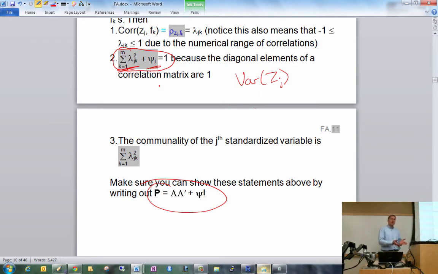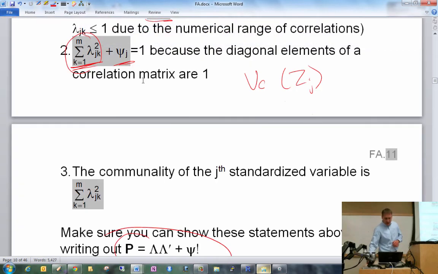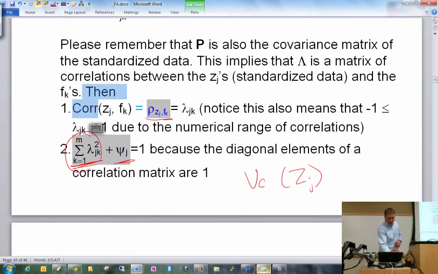So then what's the proportion of the variance that these common factors explain about the z's? Well, simply the sum of the lambda squared. Also, let me make this little change here. If I look at the correlation between z sub j and f sub k, let me blow that up so you can see a little better. I don't think I had used this notation before to represent correlation. Some books use different notation. I have correlation of z sub j and f sub k, or equivalently what we had learned in the data distributions and correlation section, I had instead used this notation.